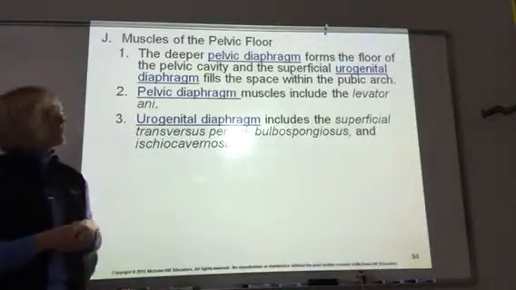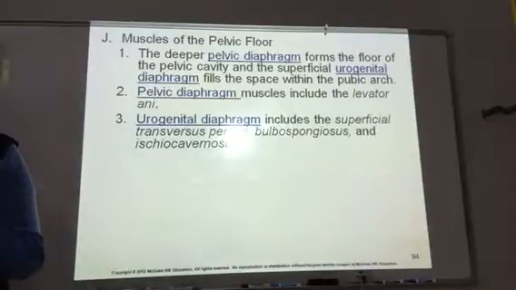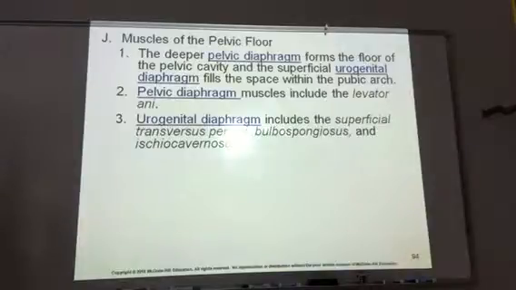So the deeper pelvic diaphragm forms the floor or the bottom of the pelvic cavity. The superficial urogenital diaphragm fills the space inside of the pubic arch. And then the pelvic diaphragm muscles include your levator ani, which levitates or lifts the anus.